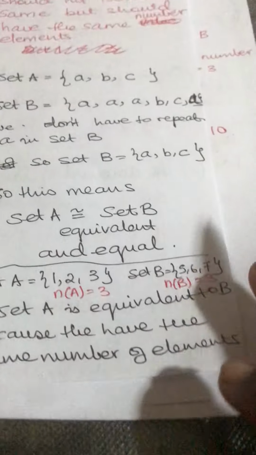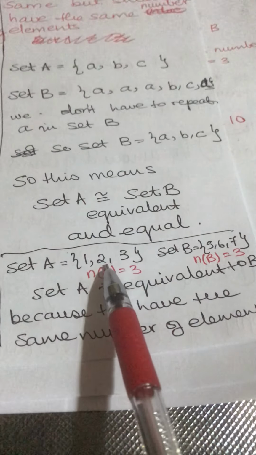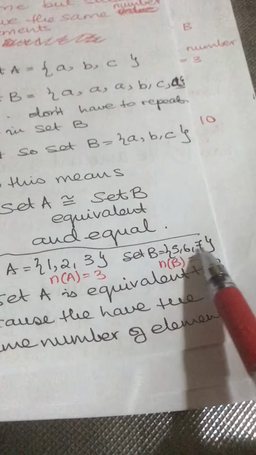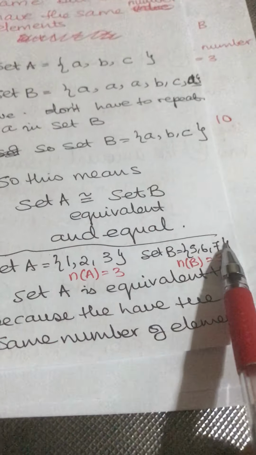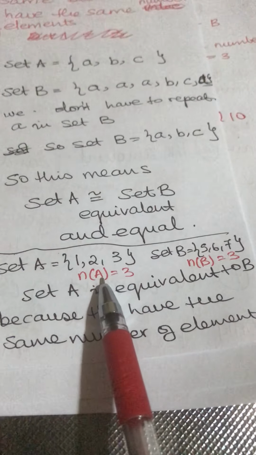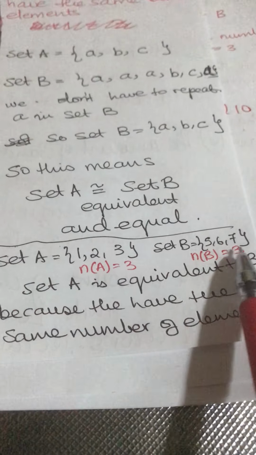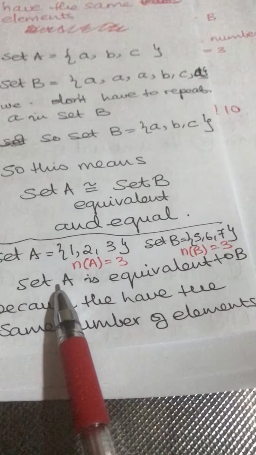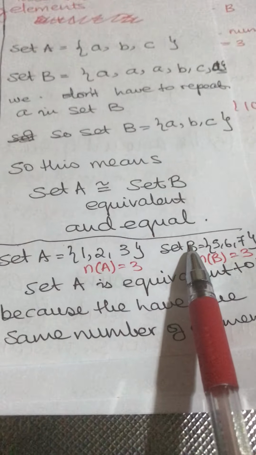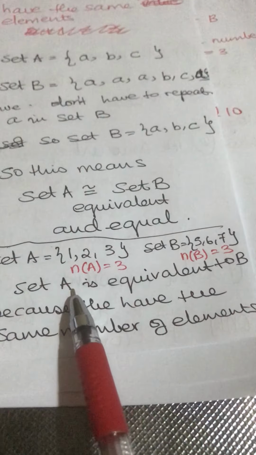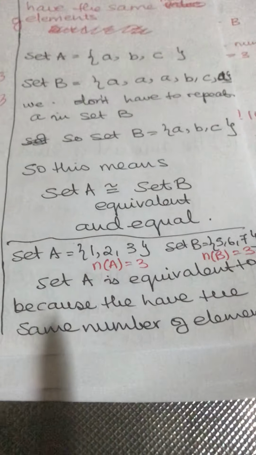That is one way. Another way, I have here 1, 2, and 3, 5, 6, and 7. You see, they don't look the same, but the cardinality is the same. And because the cardinality is the same, set A is not equal to B, but set A is equivalent to B.